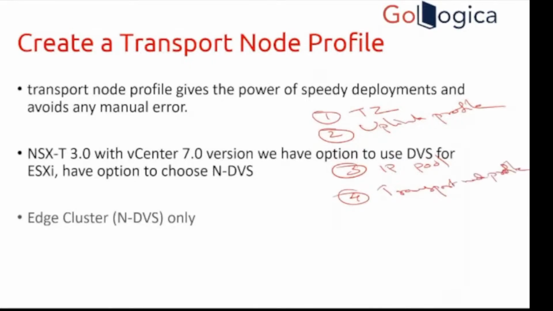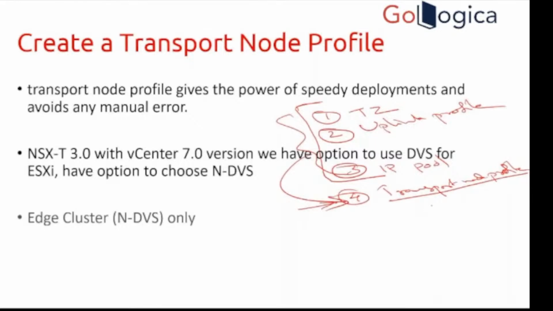It is nothing big. We are going to bind all this information. We can have multiple transport zones, multiple uplinks, multiple IP pools, but when I do the host preparation, I need to tell which of these things I need to use for the preparation. For that purpose, we are using the transport node profile.